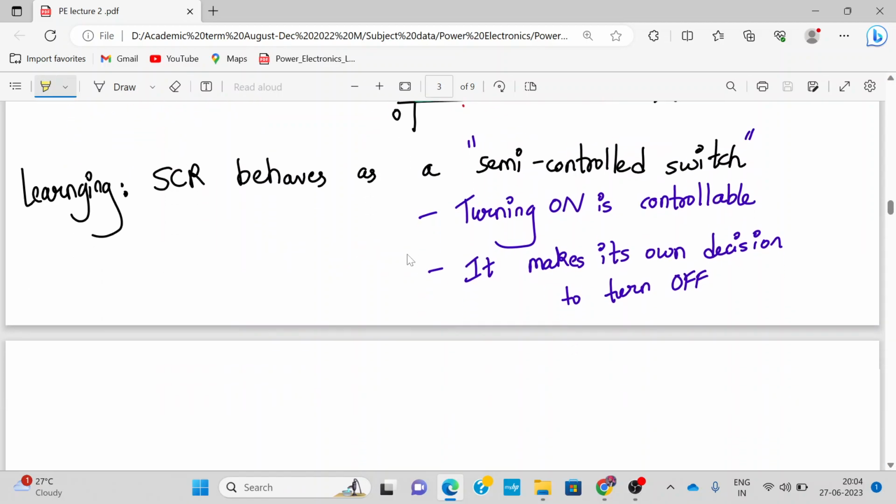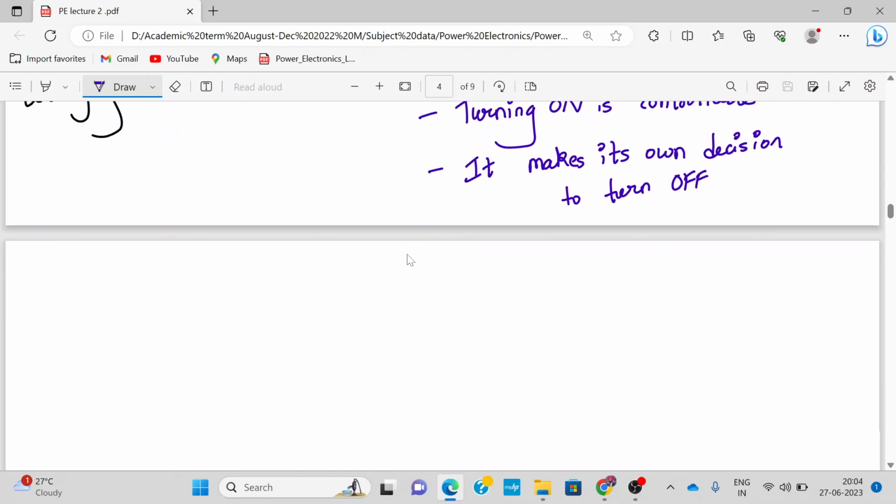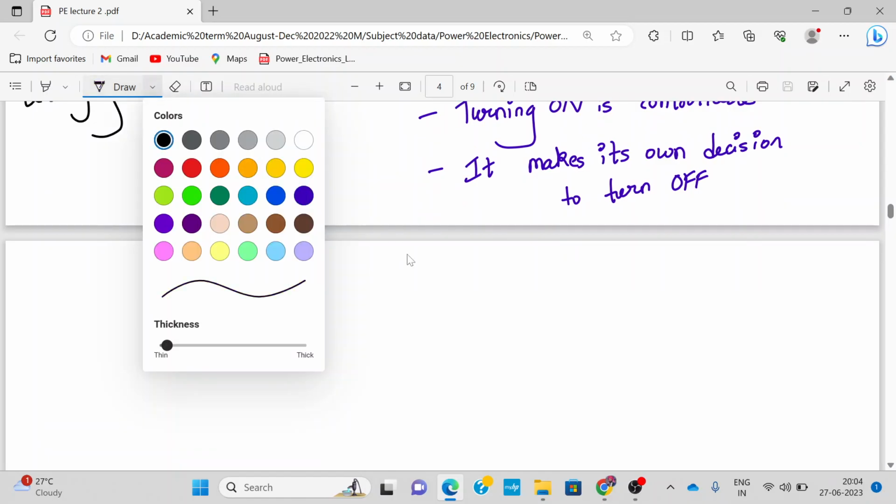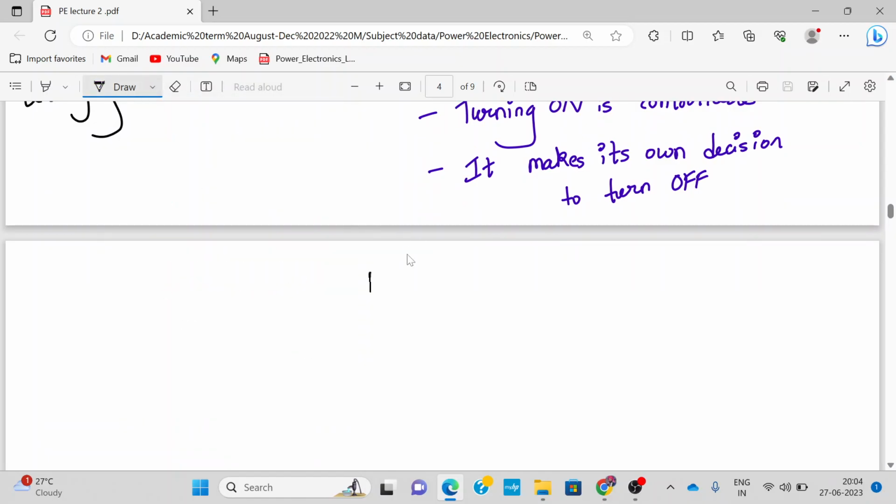Alright, now let's go to the next topic, that is the power diode. Let's compare. So far we have discussed the power diode, and we have discussed the SCR. Let's compare the power diode and SCR. In one column we have power diode, in another column we have SCR, and we have a few parameters, and we'll tick mark them one by one.